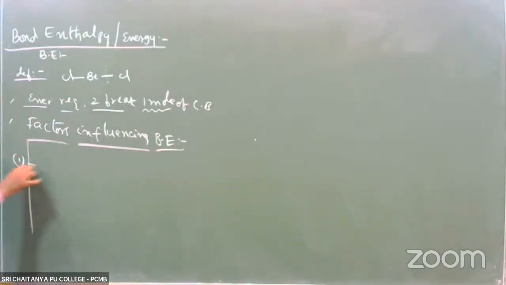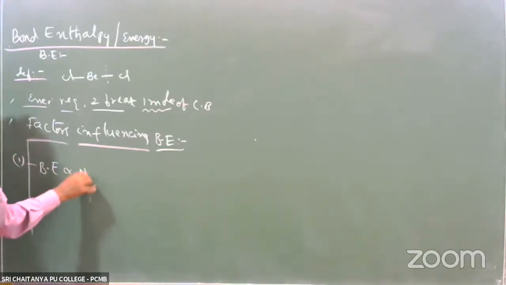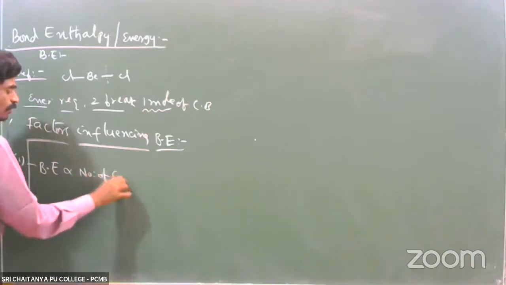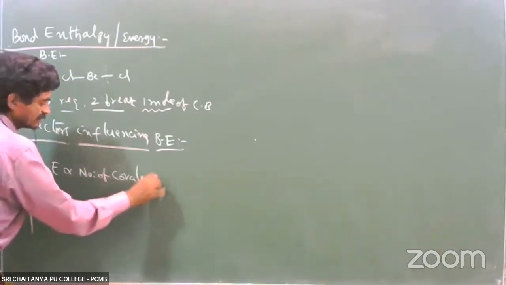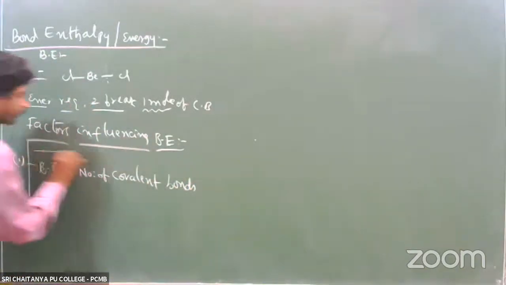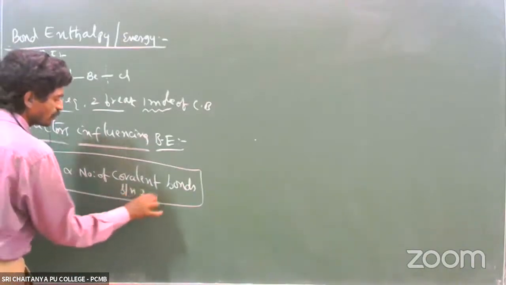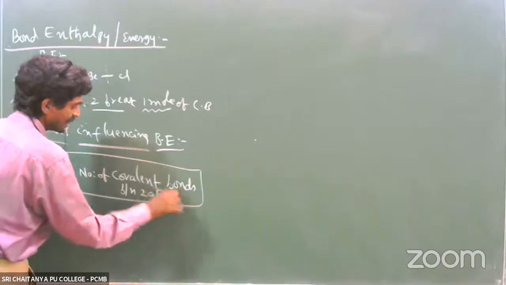First one, bond energy is directly proportional to the number of covalent bonds between two atoms in a molecule.